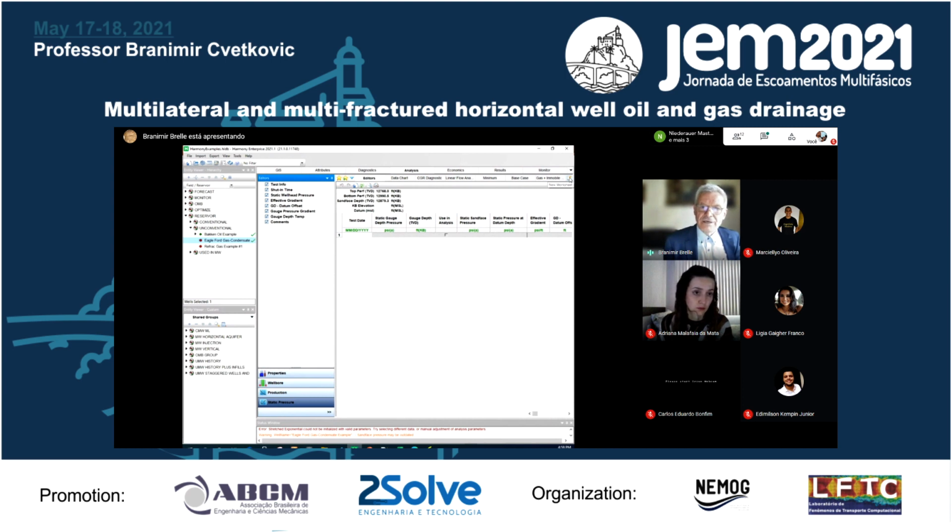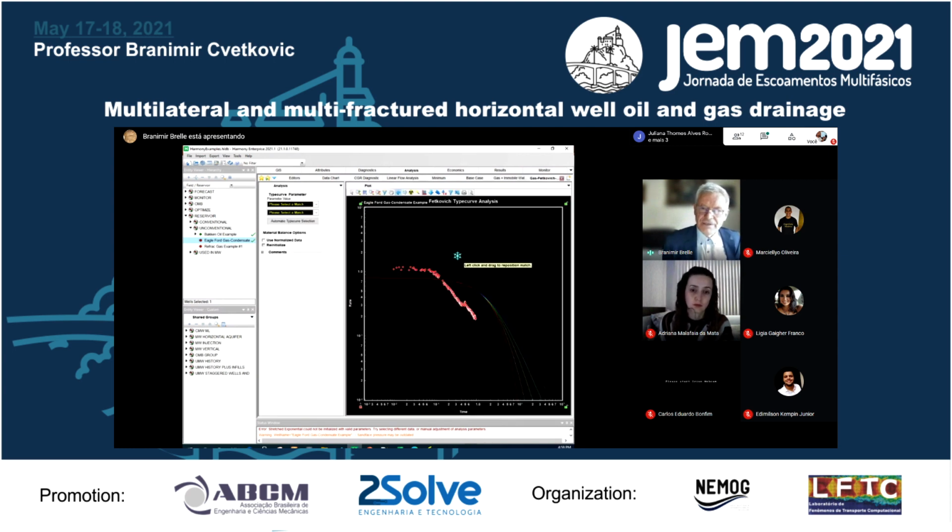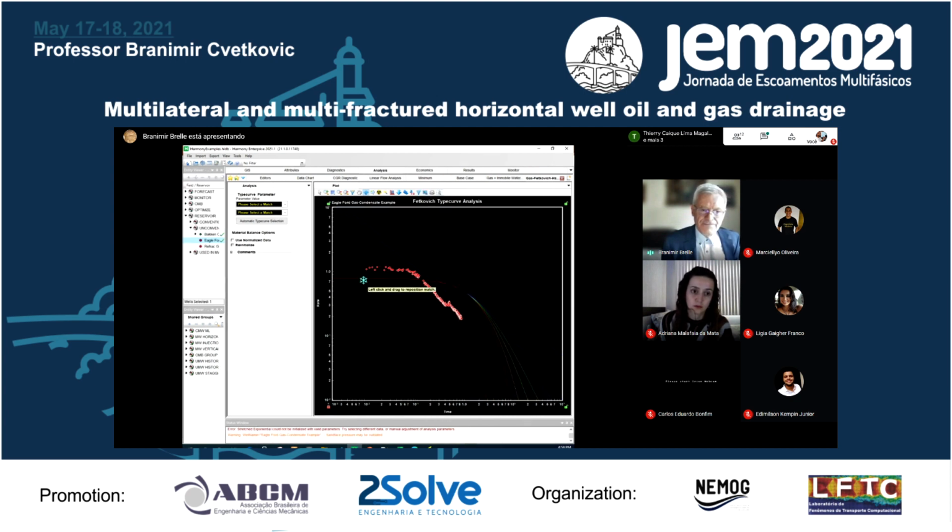I can then go to this, and now I'm in horizontal multi-fractured. And then I want to see the Fetkovich type curve. See, this is my Fetkovich type curve.